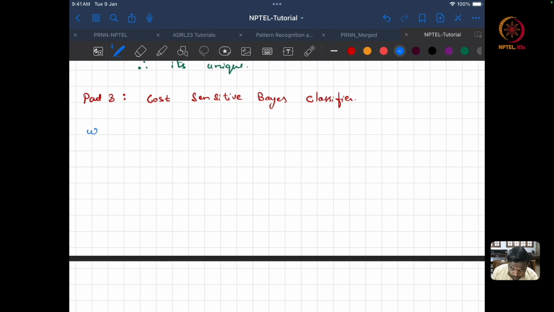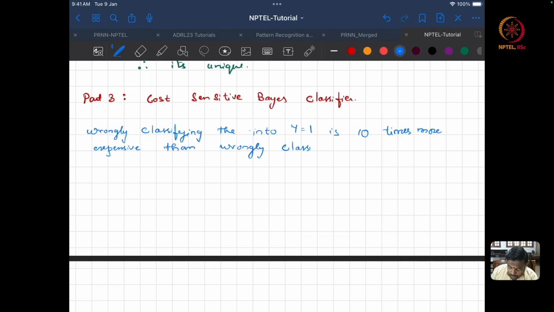Now wrongly classifying the example into y is equal to 1 is 10 times more expensive than wrongly classifying y is equal to 2.